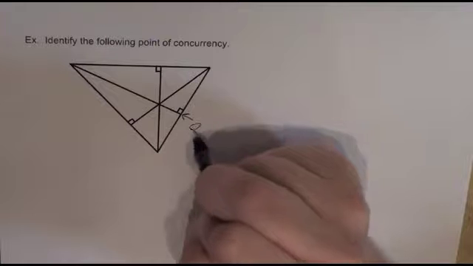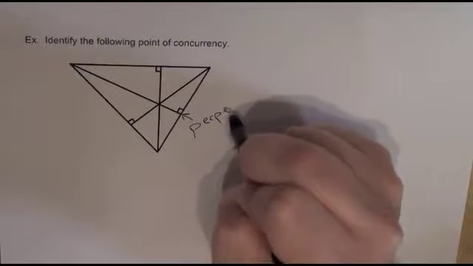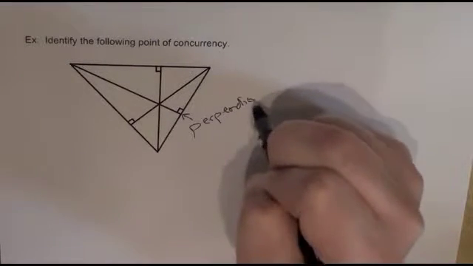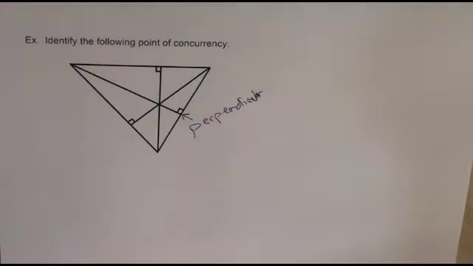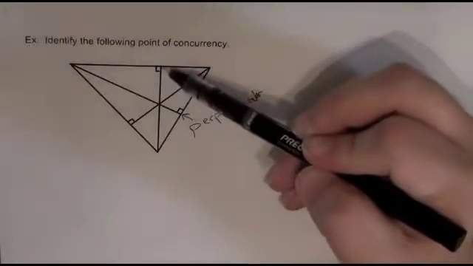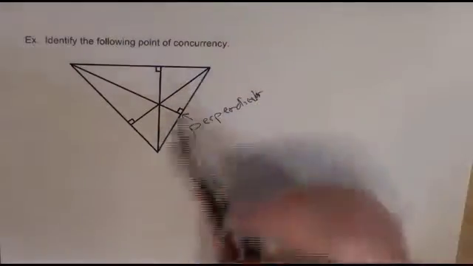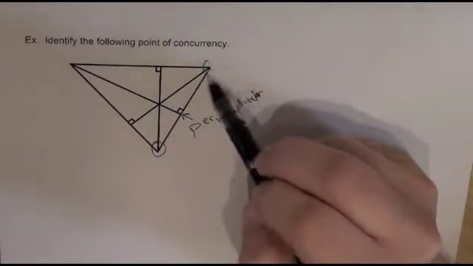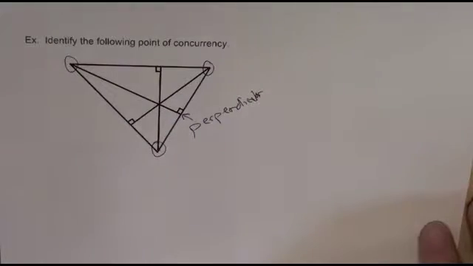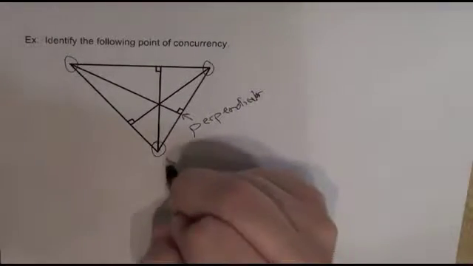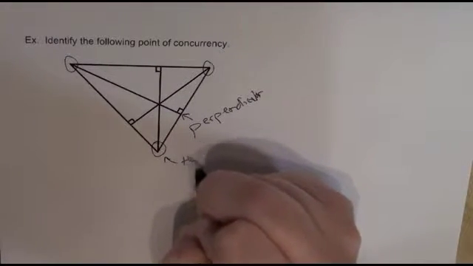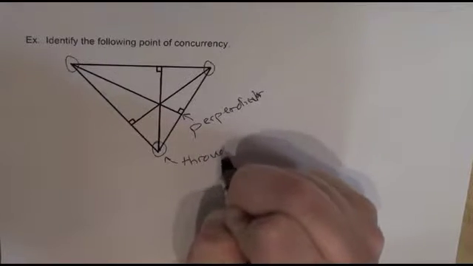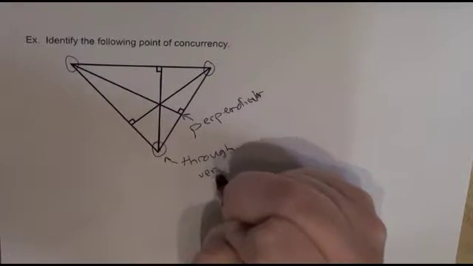Right here, the lines are perpendicular. All three of them are perpendicular. And the perpendicular line goes through the vertices. So this is perpendicular and through a vertex.